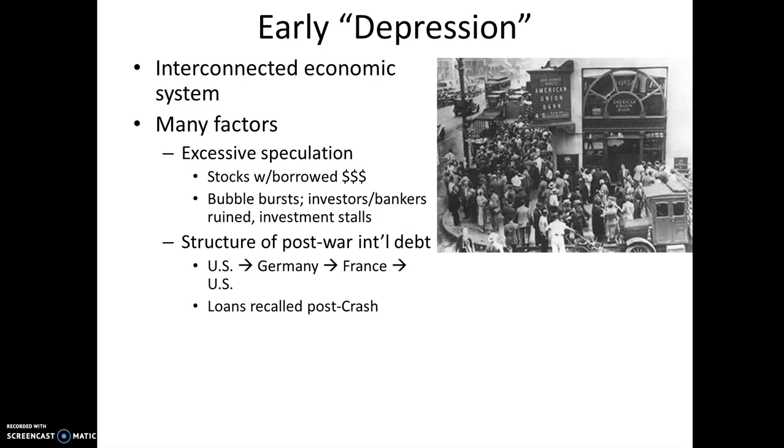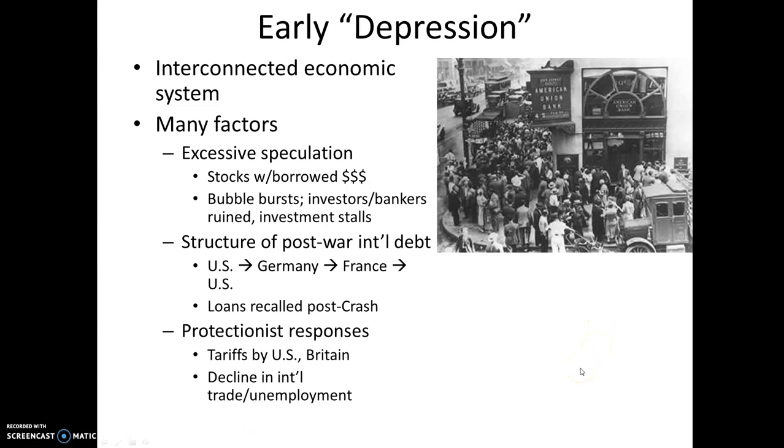American financiers lent money to the Germans, who paid the French, who in turn sent the money back to the United States so that they could pay their loans back. Once the market crashed, the Americans recalled their loans, which sent the system into a tailspin. And by 1933, German factories were only producing half of what they had in 1929.